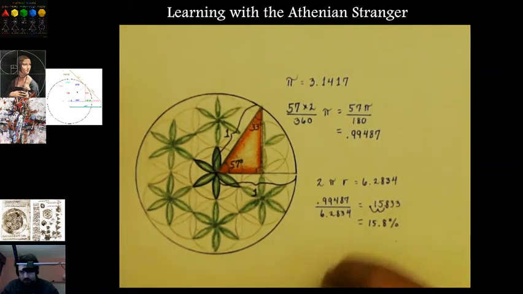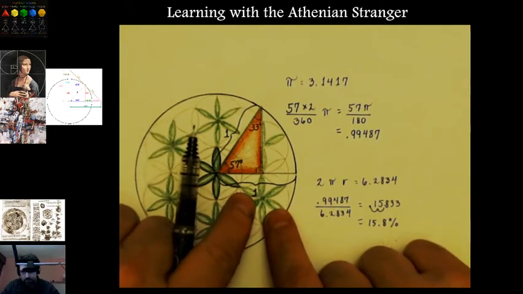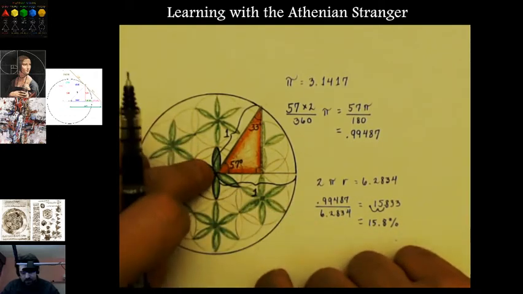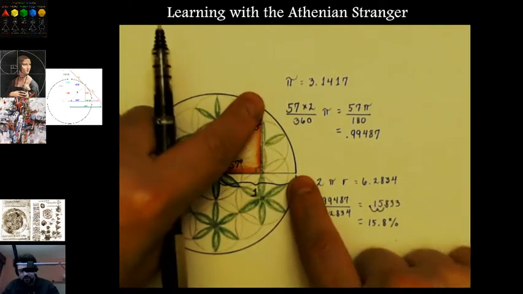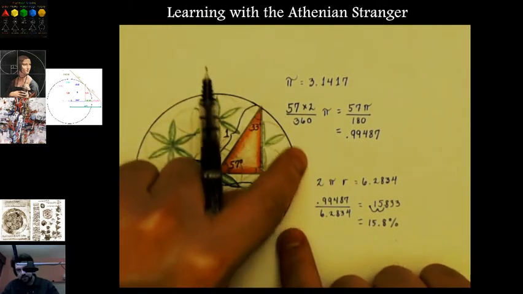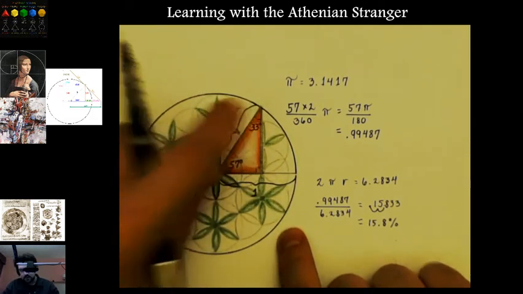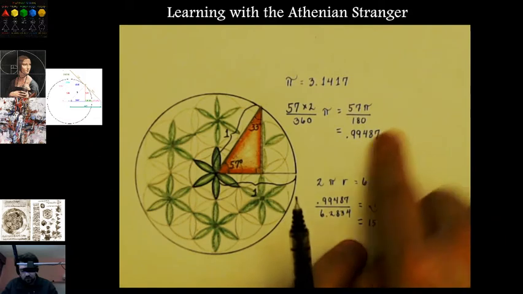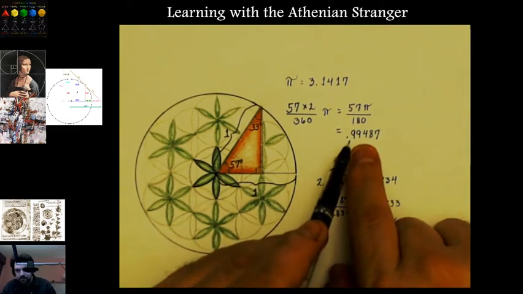We're working here with a unit circle. This radius is 1. See, I labeled it 1. The radian measurement of 57 degrees, this piece of the circumference made by this arc, was right there. That's the radian measurement of 57 degrees.